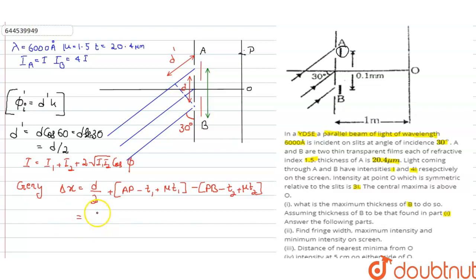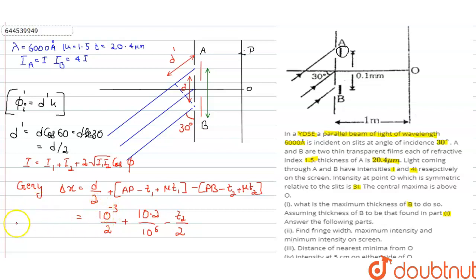Now if we calculate this, we will find that we have arrived at 10 to the power minus 3 upon 2 plus 10.2 upon 10 to the power 6 minus T2 by 2.